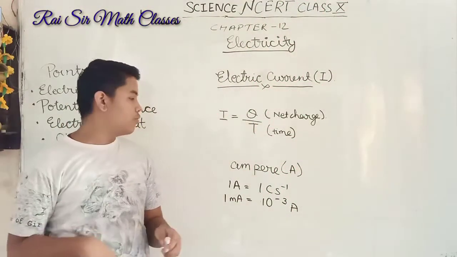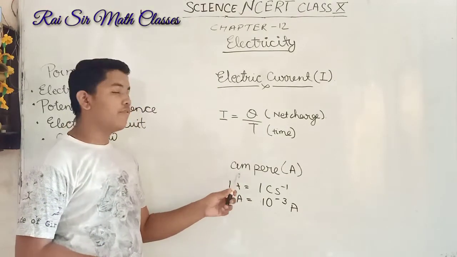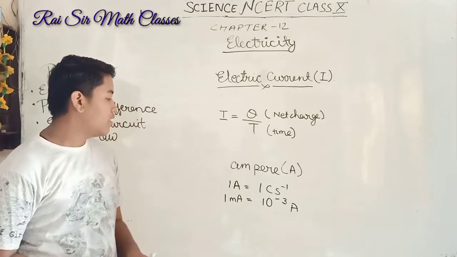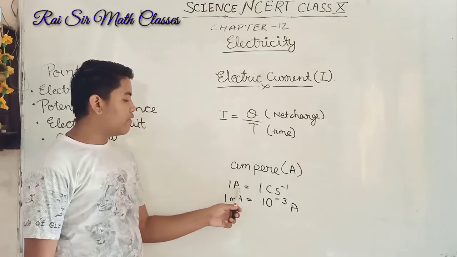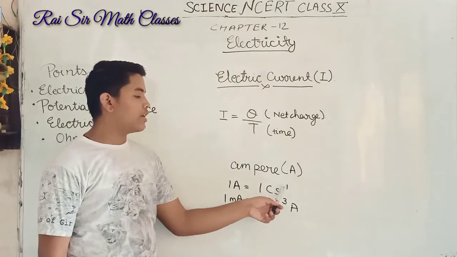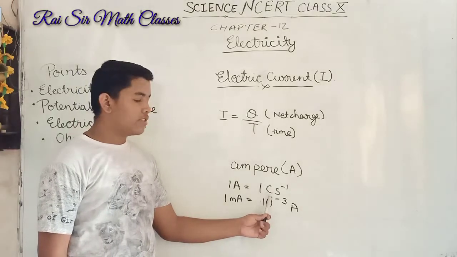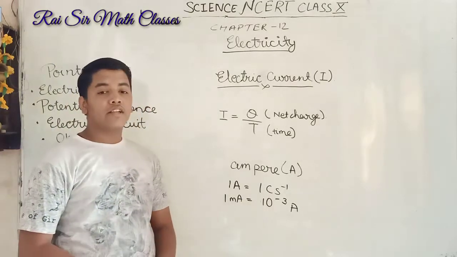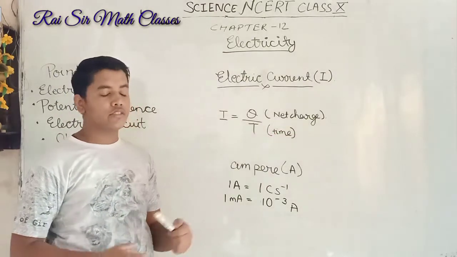Now we are going to understand some basics of ampere. Ampere is the unit of electric current. So 1 ampere is equal to 1 C s inverse. You are thinking, what is this C? C stands for Coulomb, which is the unit of charge.